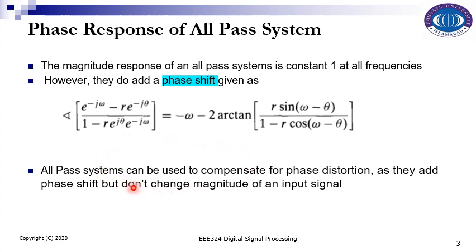Because all pass systems can introduce a phase, but they don't change the magnitude of an input signal.